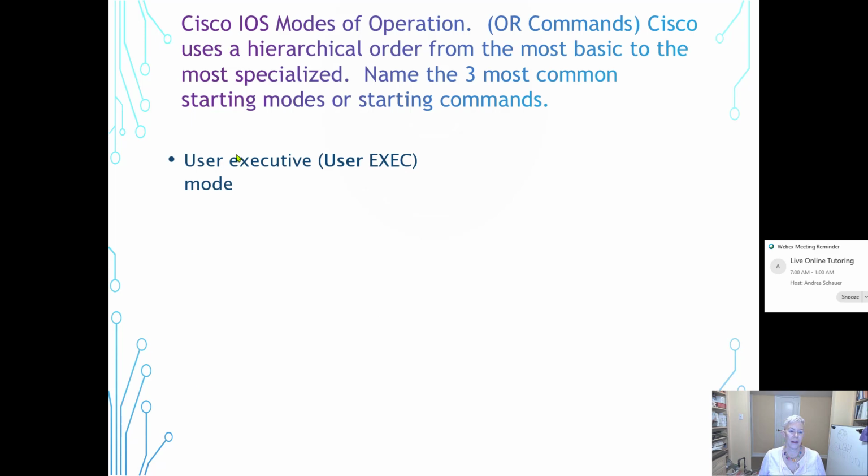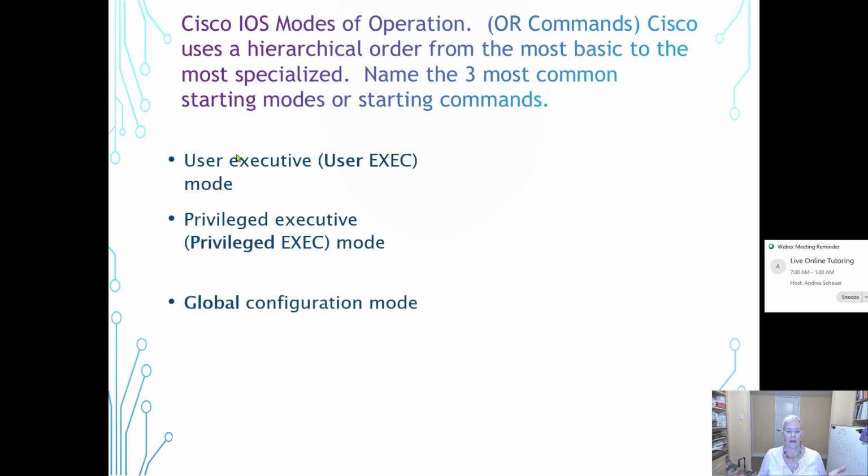The first one is user executive mode. The next one is privileged executive mode. So it's the next one up on the hierarchy. So a privileged executive user has a little bit more privileges than just a regular user would have.